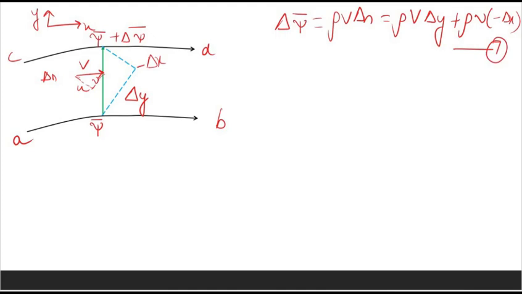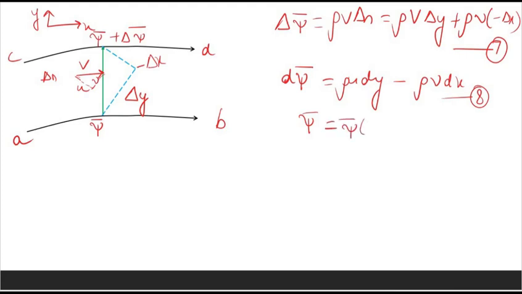Now, the same assumption which we considered previously, that is CD is approaching AB, that is both the streamlines are getting closer, and when I say that, I will apply my limit, and when I do that, my equation reduces to this form, that is rho u dy minus rho v dx. Now we know that psi bar is a function of x and y, correct?